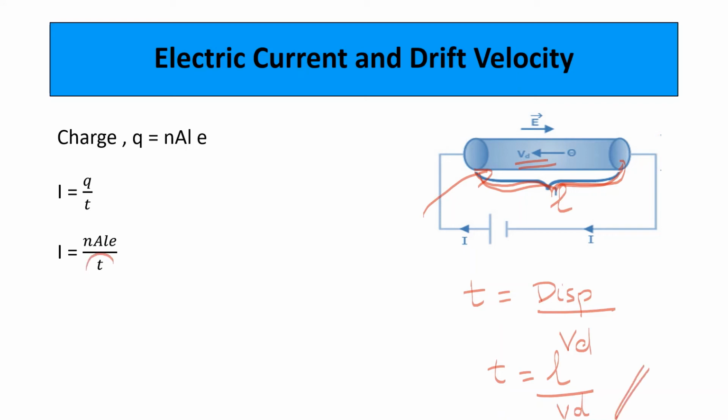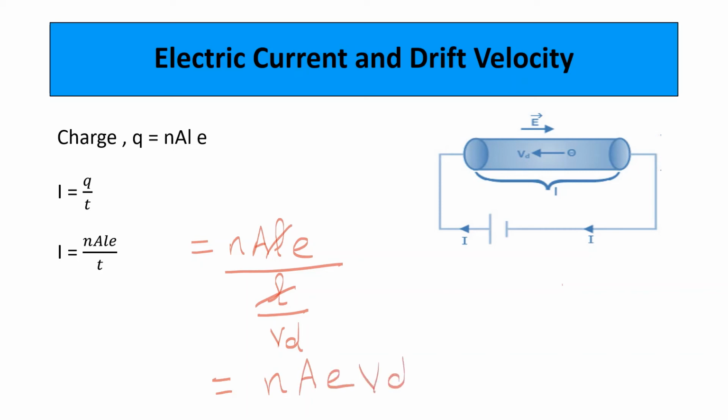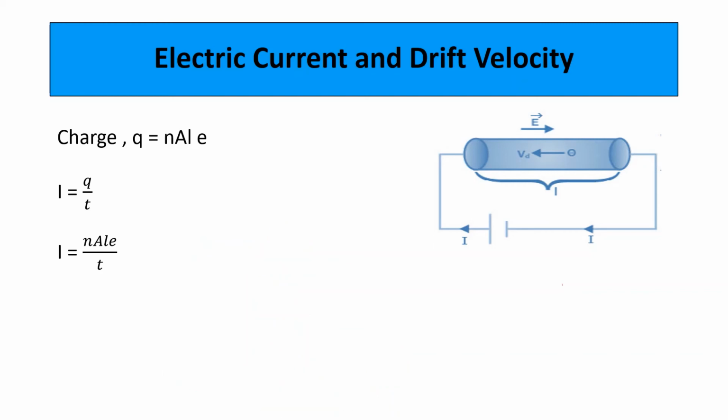Substitute this value. Therefore, I is equal to nALe divided by L by Vd. Cancel this L and I is equal to nAeVd. This is the expression for the electric current and drift velocity Vd.